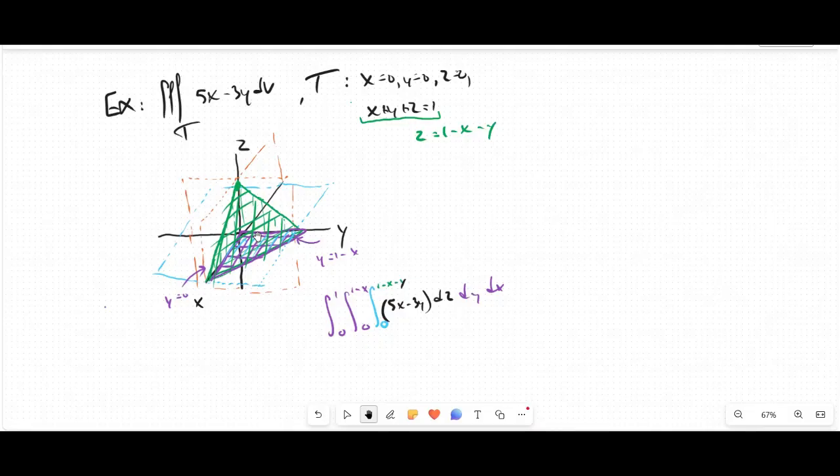And furthermore, to set up integral bounds that correctly describe those shapes. These integral bounds paired with dz, dy, dx here, collectively, the integrand doesn't matter. 5x minus 3y doesn't matter. But the rest correctly, accurately, cleanly describes this tetrahedron.